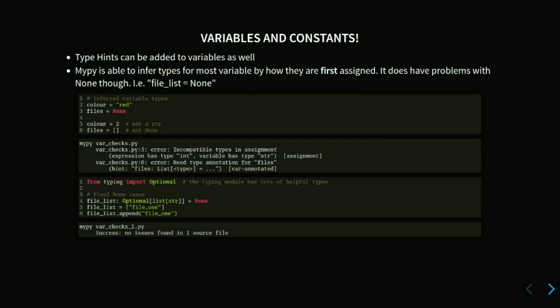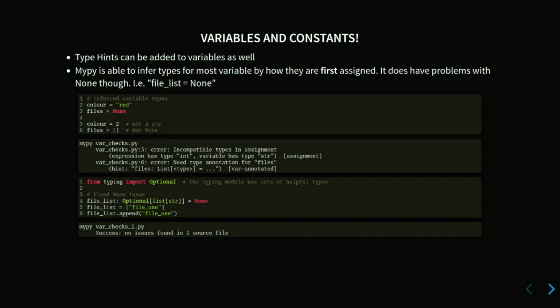But that inferring of types does have some problems. An example of that is when we want to use None to carry error information back from a function, say. So we start out and say, okay, this variable is None, but normally if we didn't have an error, it's going to be a list of strings. So that's what my files one was there. In the second code fragment, we're using a module in Python called typing, and we're using something out of that called Optional. I've just thrown this in now.